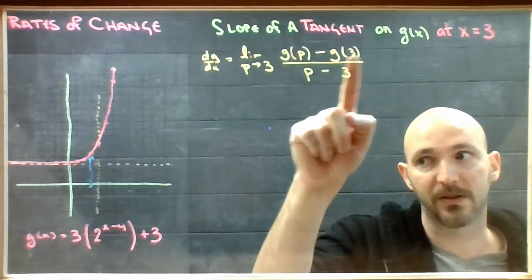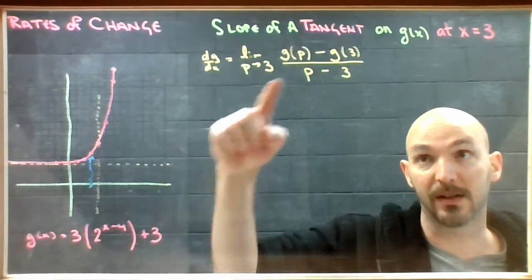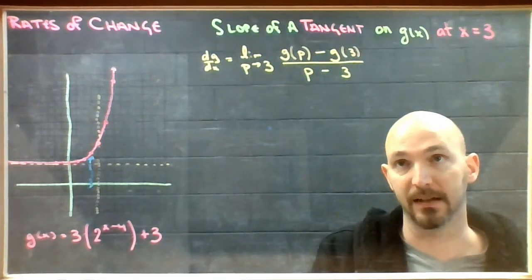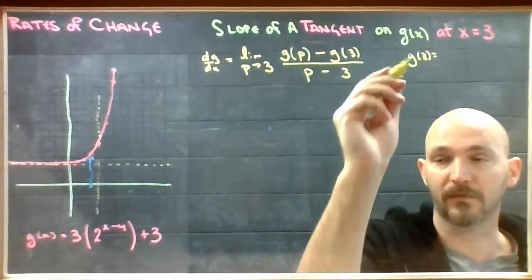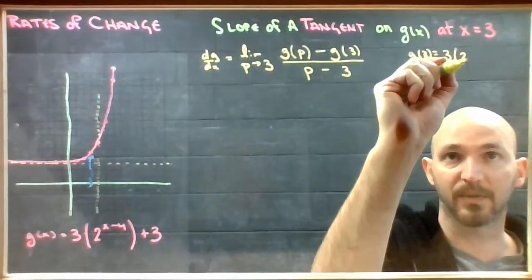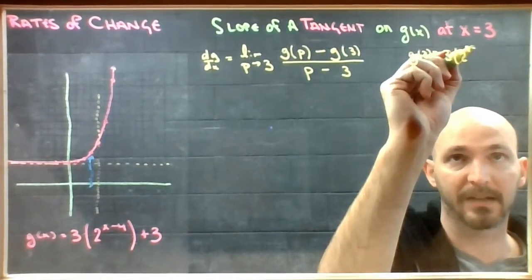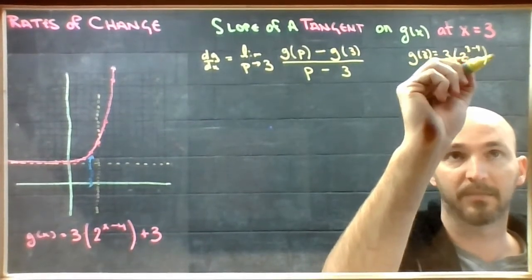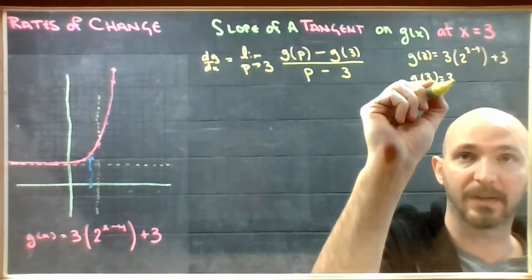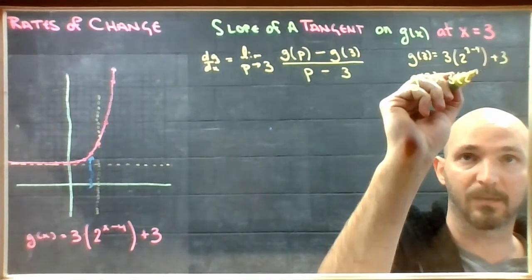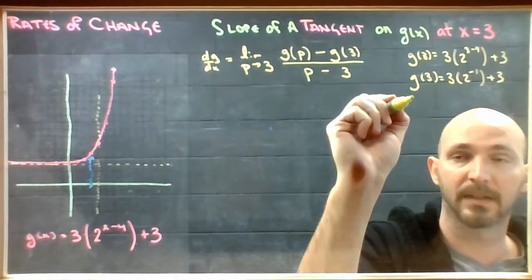So first thing I'm going to do is actually use this equation and figure out what g at 3 is. So g at 3 would be 3 times 2 to the exponent 3 minus 4 plus 3. G at 3 would be 3 times, that's 2 to the minus 1 plus 3.